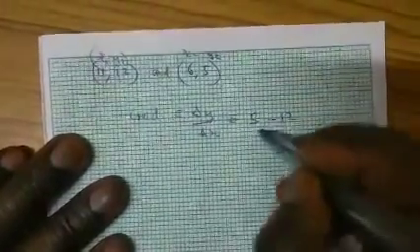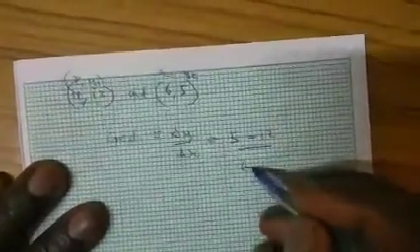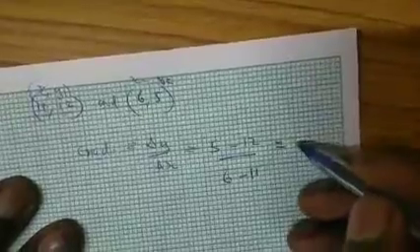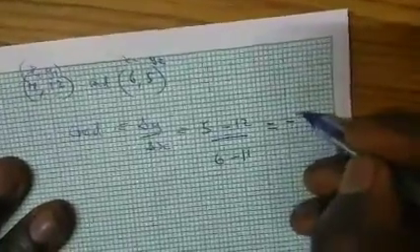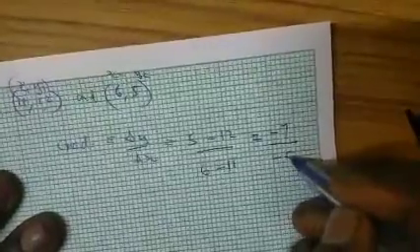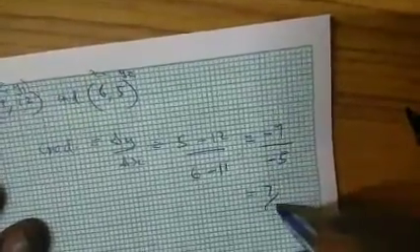So gradient will be change in y over change in x, which is 5 minus 12 over 6 minus 11, and that is negative 7 over negative 5, and that is 7 over 5.